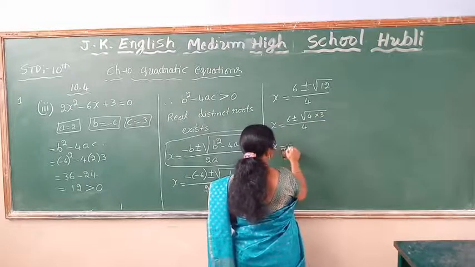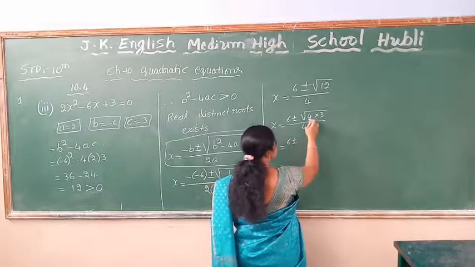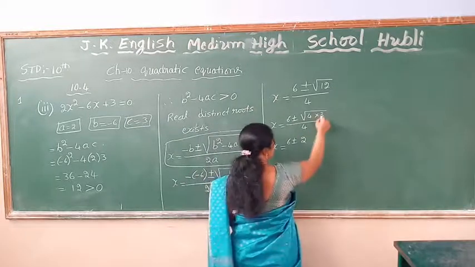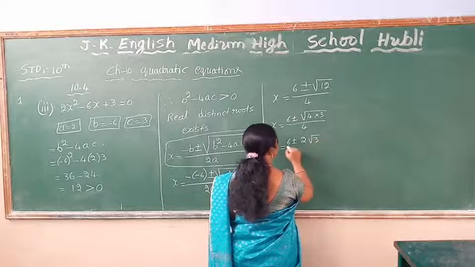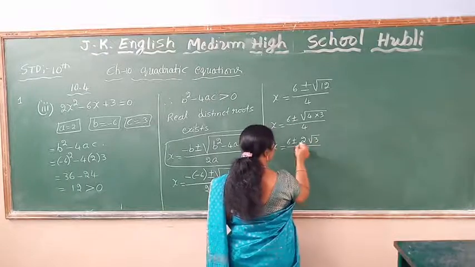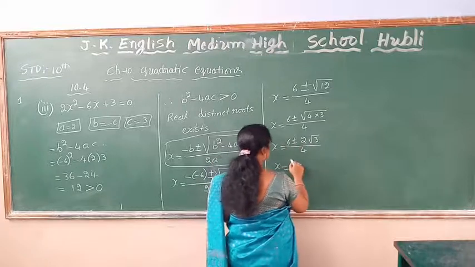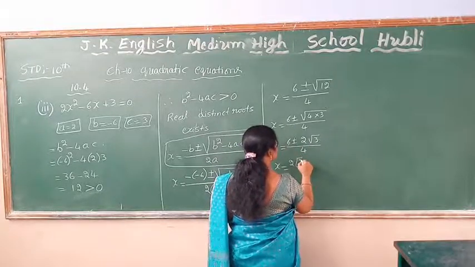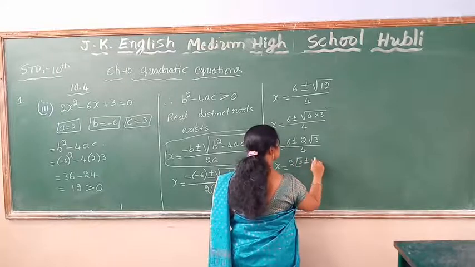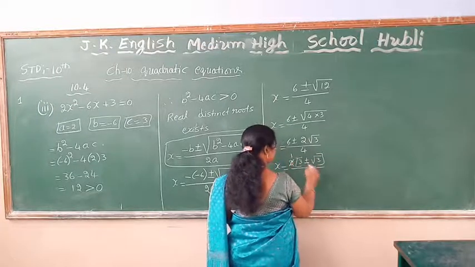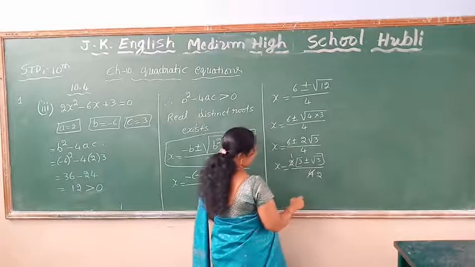So x is equal to 6 plus or minus square root of 4, whose value is 2. The remaining inside the square root symbol is 3. Then 4. I can take 2 common out of these. If I take 2 common, 2 3s are plus or minus root 3 divided by 4. 2 1s are 2, 2 2s are 4.